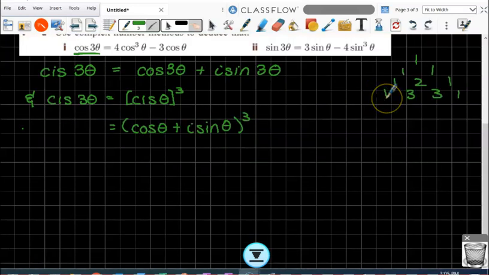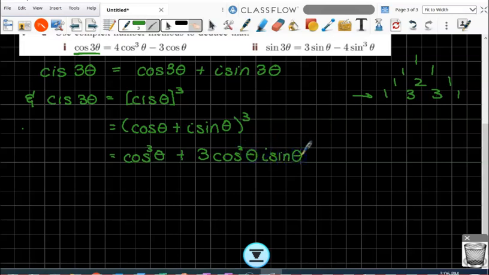So Pascal, that means this is going to be 1 cos cubed theta, plus 3, now we square cos, and we just multiply by i sine. The next one will be 3 lots of just cos.